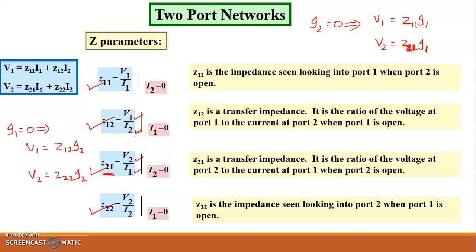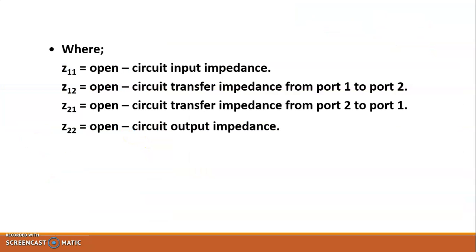Okay. Now, which are the names of these parameters? Here Z11, we know, is a ratio between V1 and I1. That is, it is a ratio between the input voltage and input current. Therefore, it is known as open circuit input impedance. Ratio between the voltage and current at the input port, therefore it is known as open circuit input impedance.